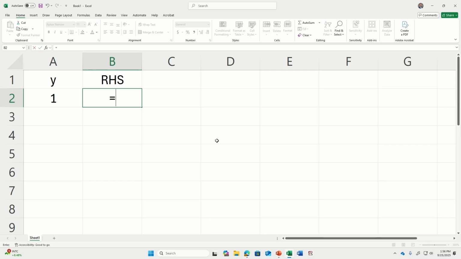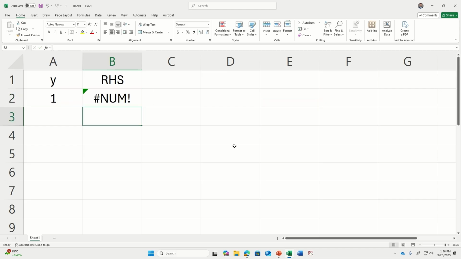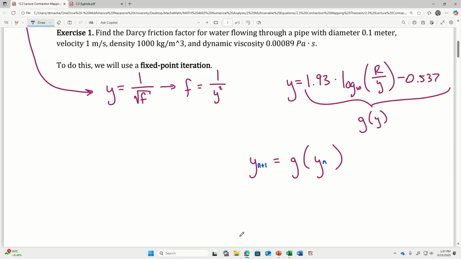And then the right-hand side of my equation, I think, was like 1.93 times the logarithm base 10 of the Reynolds number. I'm going to have to come up with that here in a second. Divided by y. I don't remember the rest. Let me go back and look. So 1.93 times log base 10 of R divided by y, minus 0.537.